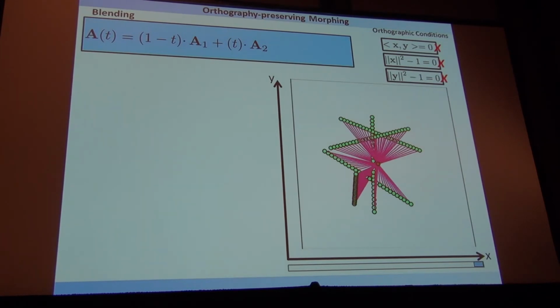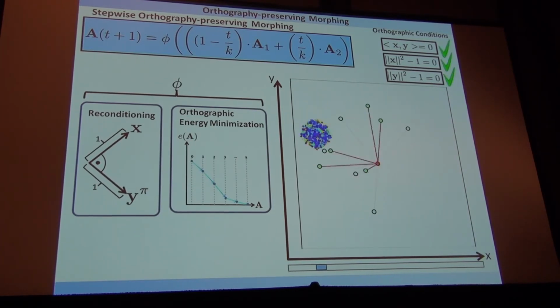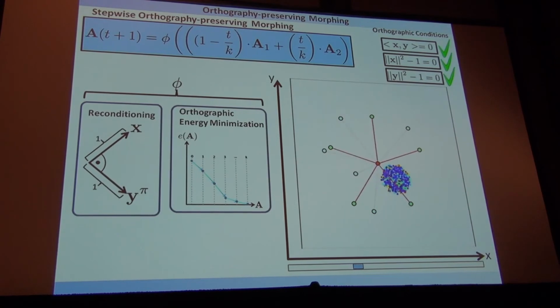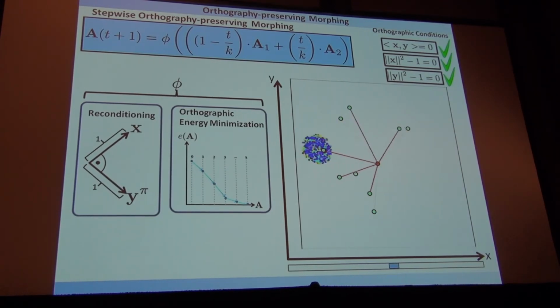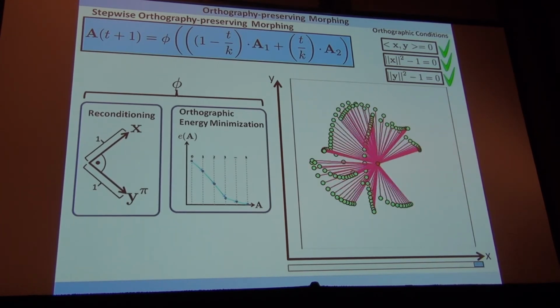Therefore, we can apply either energy minimization or a reconditioning after each time step of the blending. And what we get is now really an orthography preserving connection in between the orthographic axes, which you can see here for the circle, which does not change its shape over time.